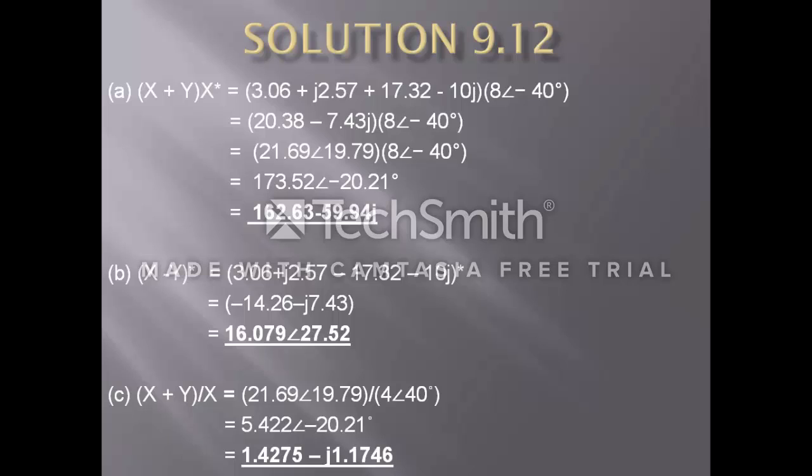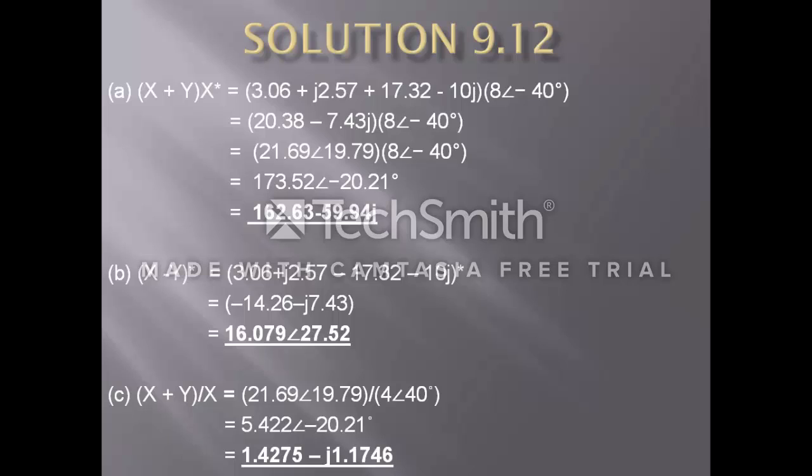We get 17.32 minus 10j multiplied by conjugate of x, that is 8 with a phase angle of minus 40 degrees. Then adding the part in the first bracket, we get 20.38 minus 7.43j multiplied by 8 phase angle of minus 40 degrees.